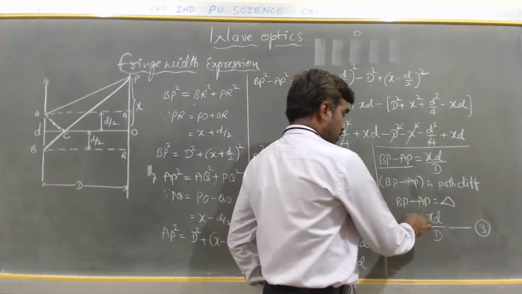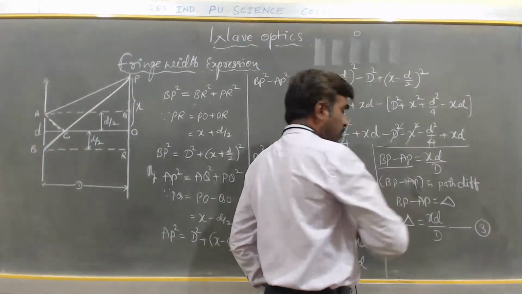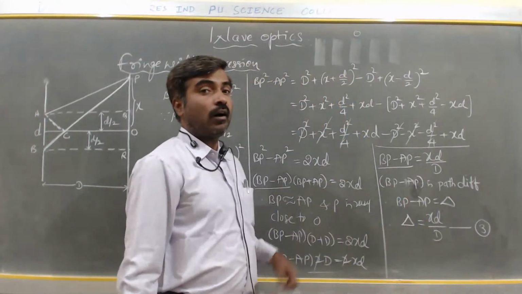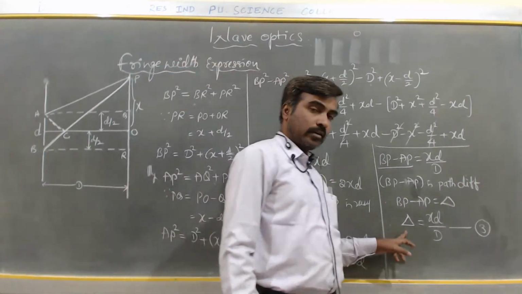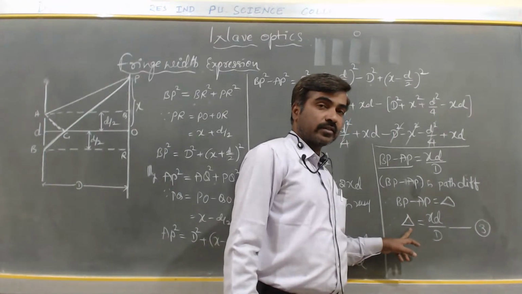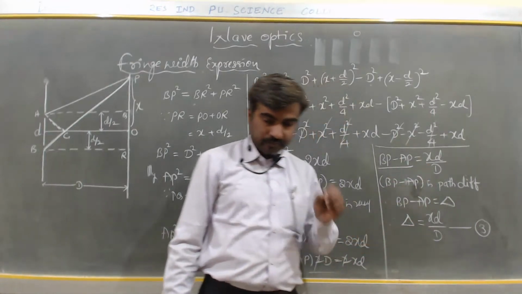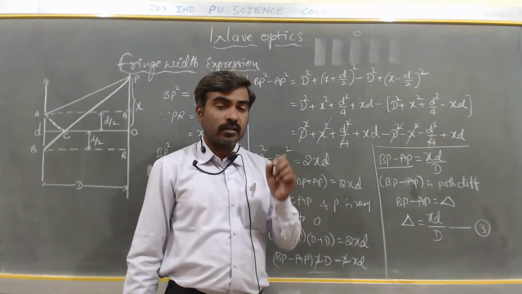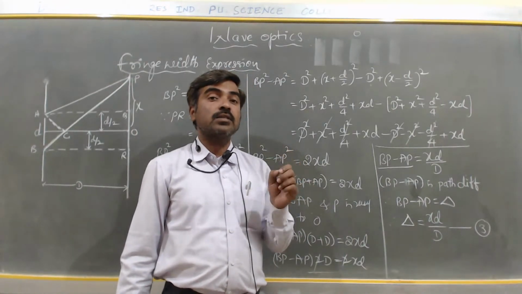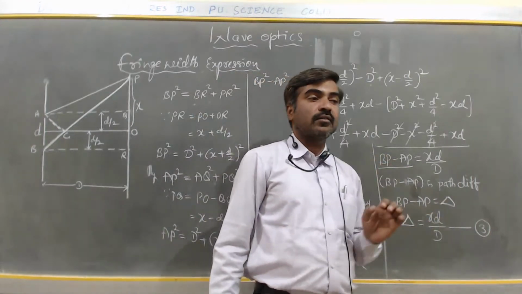Now we got an expression for the path difference of the interfering waves. We already discussed the condition for constructive and destructive interference in terms of path difference as well as in terms of phase difference.